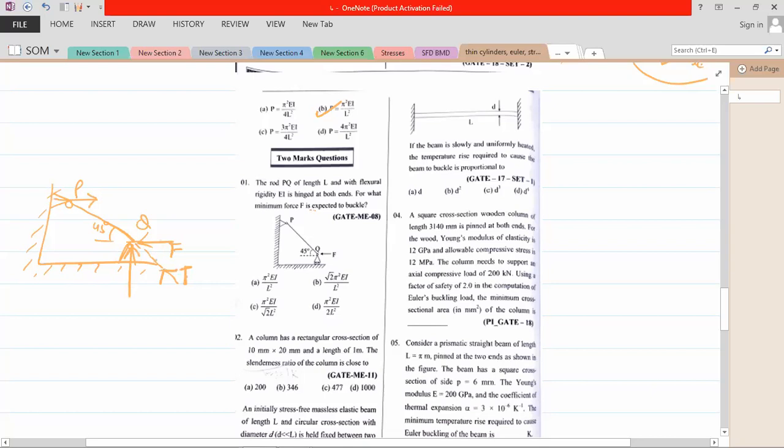So this T force has two components, this F and this reaction. Okay, I am going that way. If you get in that way also, that is also the same. So this is my T. T cos 45 is your F, and T sin 45 is your R. So T cos 45 is my F, and T sin 45 is my R. Okay, now just put in the value, get the value of T, that is F root 2, and your R is also F root 2. Okay, F root 2.